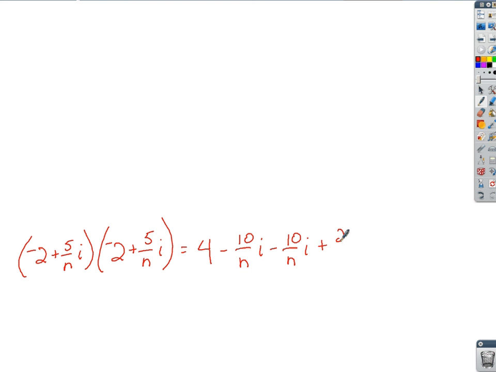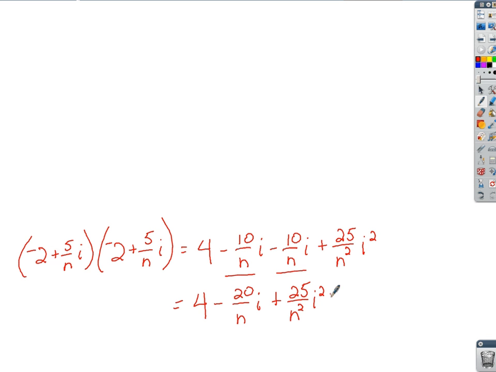That'll be plus 25 over n squared i squared. Collecting your like terms, you've got a pair of i's right there in the middle. You've got 4 minus 20 over n i plus 25 over n squared i squared.